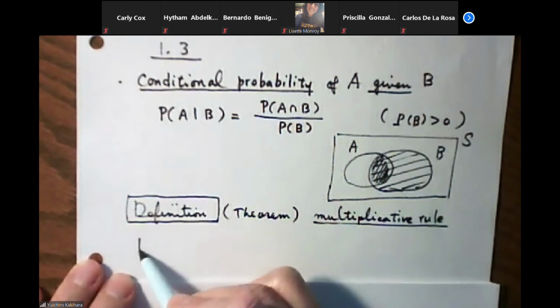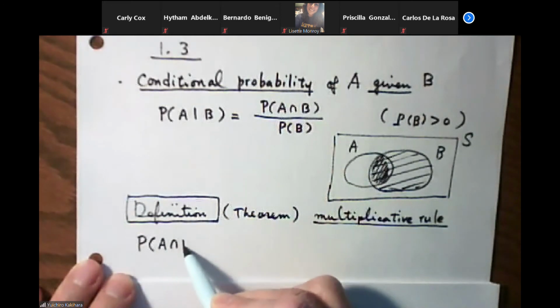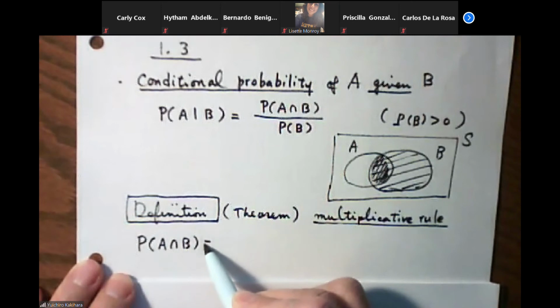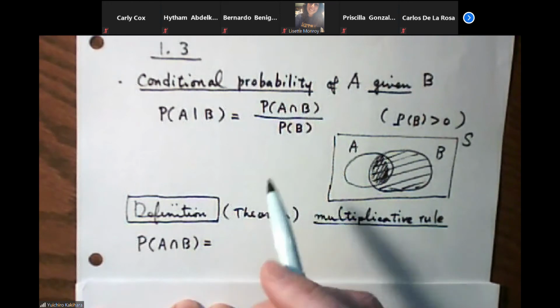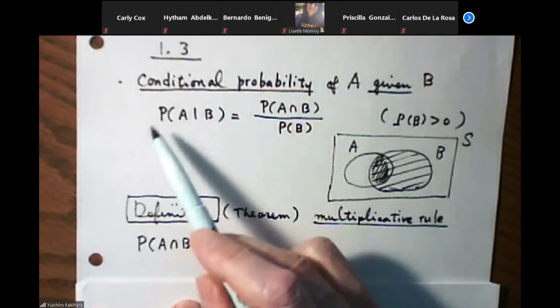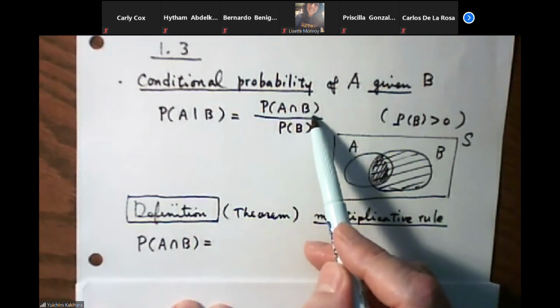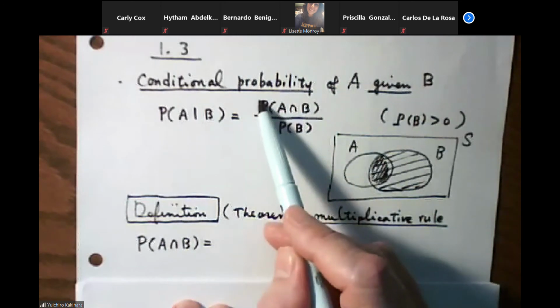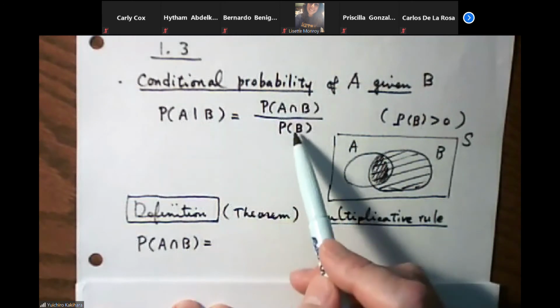This gives you how to calculate the probability of the intersection of two events, P of A intersection B. Now look at this conditional probability. Here we have P of A intersection B. If we solve for it, then this is equal to this times this.